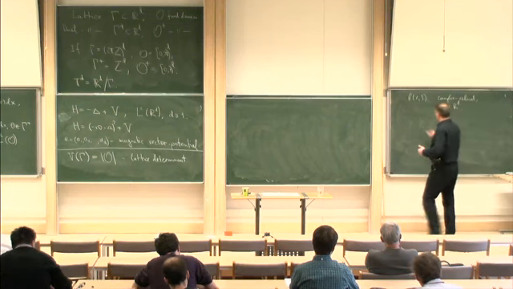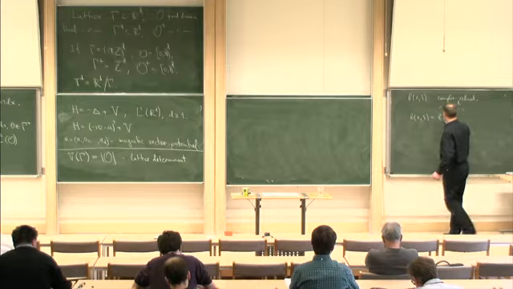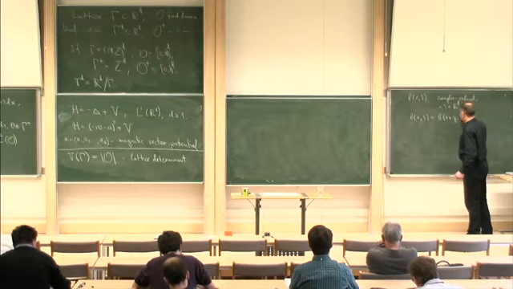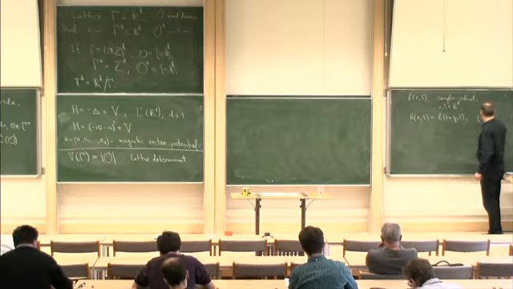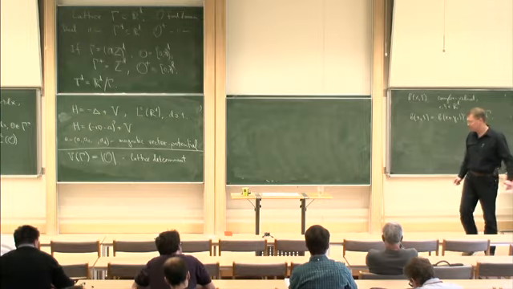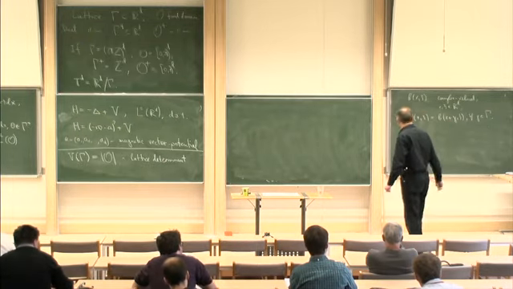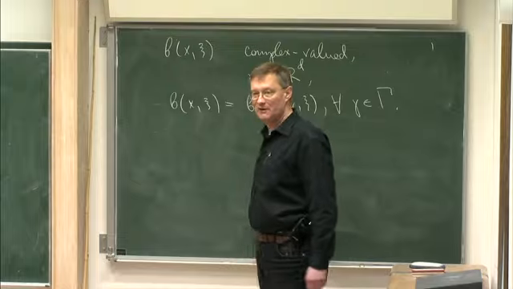I assume that this function b is periodic in x, excuse me. So shifts do not change the value. And now I can define a pseudo-differential operator with this symbol by the following formula.